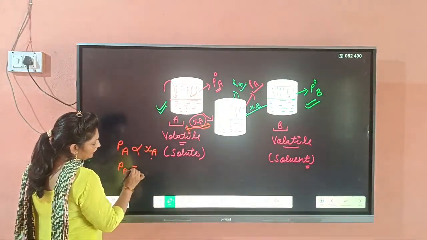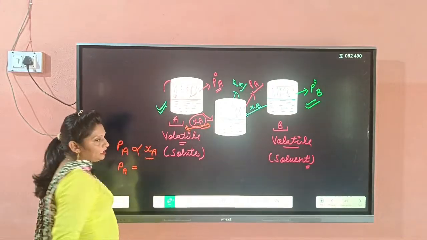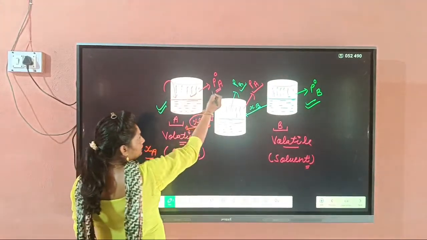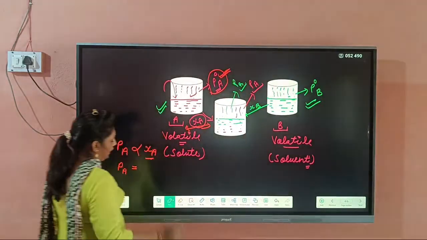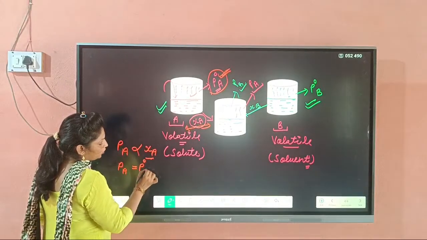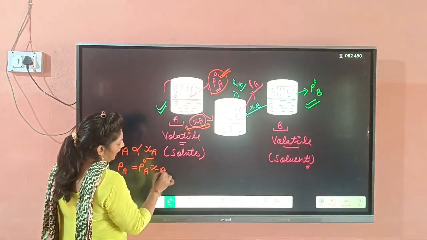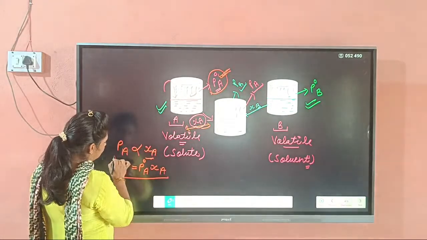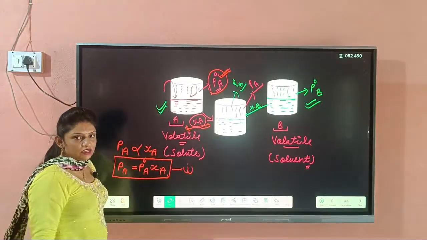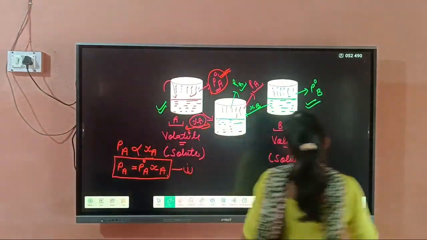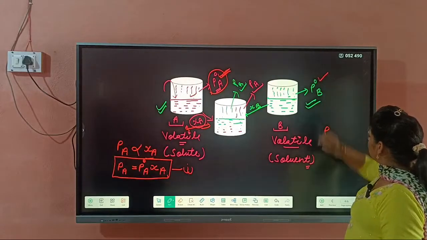Now PA is equal to, now we will put a constant of proportionality, and in the pure state they exert a constant pressure, so we can take P naught A as the constant of proportionality. So PA is equal to P naught A XA. Consider this is equation 1. And for the solvent, the partial pressure is PB.